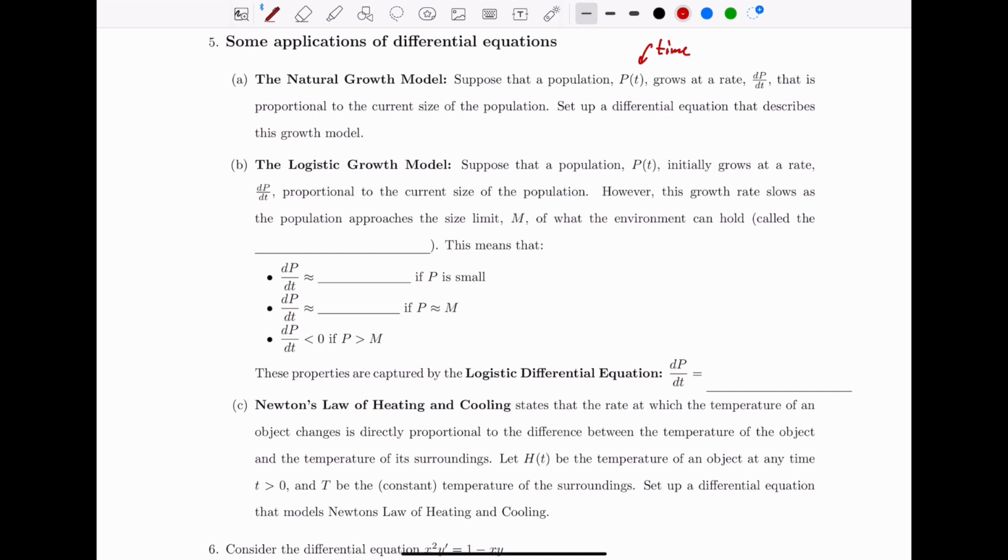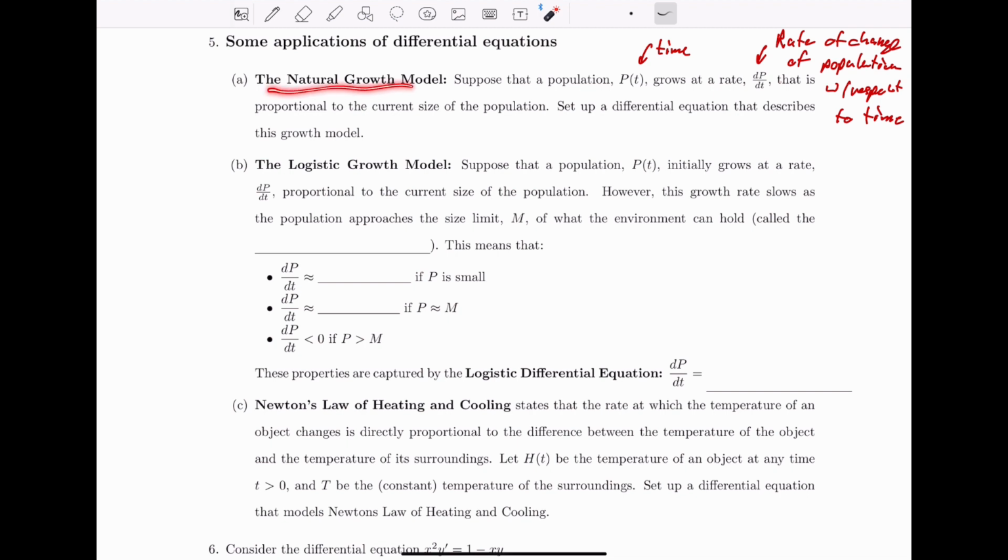So we could call this P prime if we wanted, but in any case, we want to think of this as the rate of change of the population with respect to time. So thinking of derivatives in this physical sense here is very important for these applied problems.